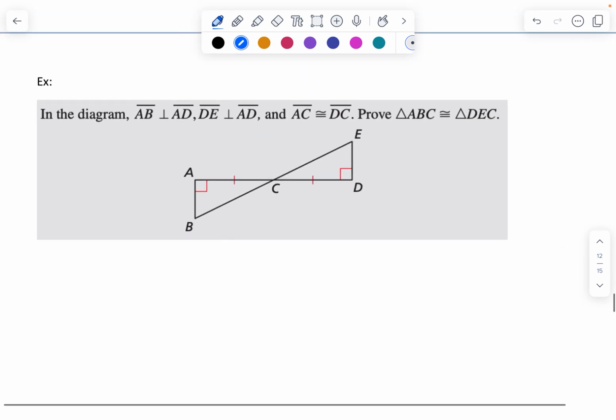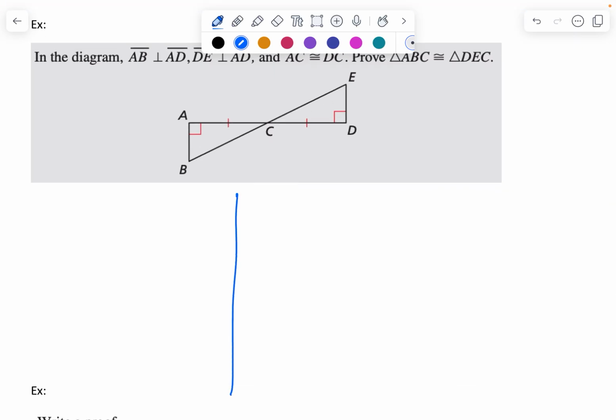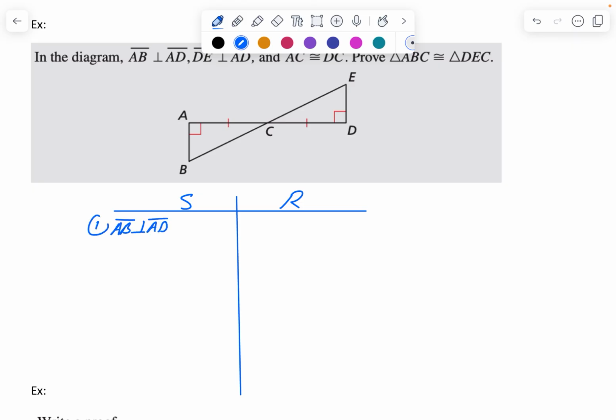in the diagram, we have AB perpendicular to AD, DE perpendicular to AD, and then we have AC congruent to DC. All right, and we want to prove those triangles congruent. So let's set up our proof here. For number 1, we have AB perpendicular to AD, DE perpendicular to AD, and AC congruent to DC.